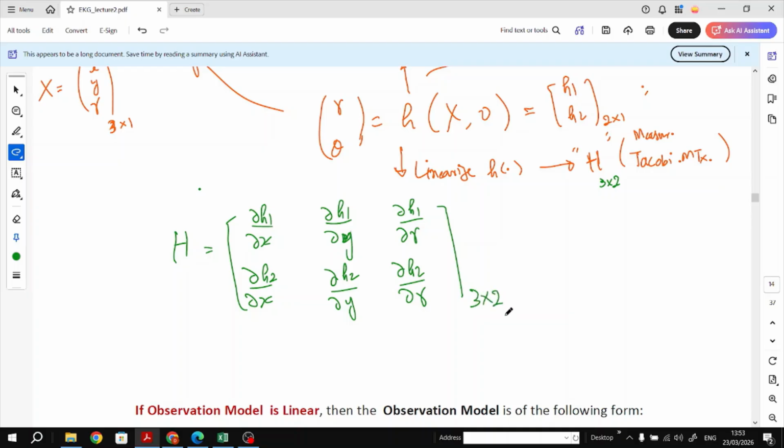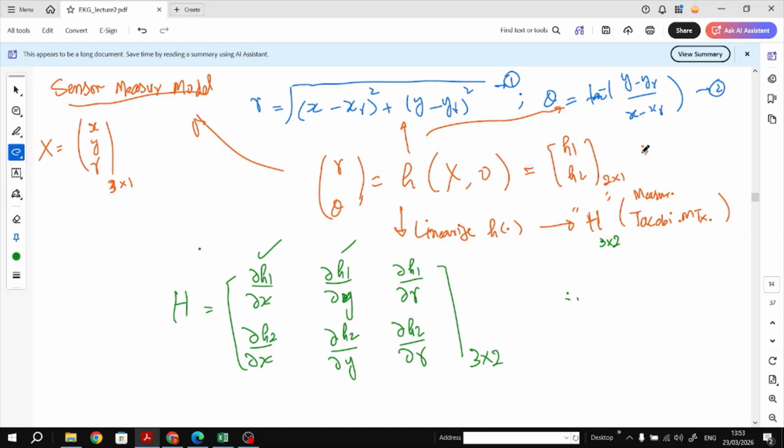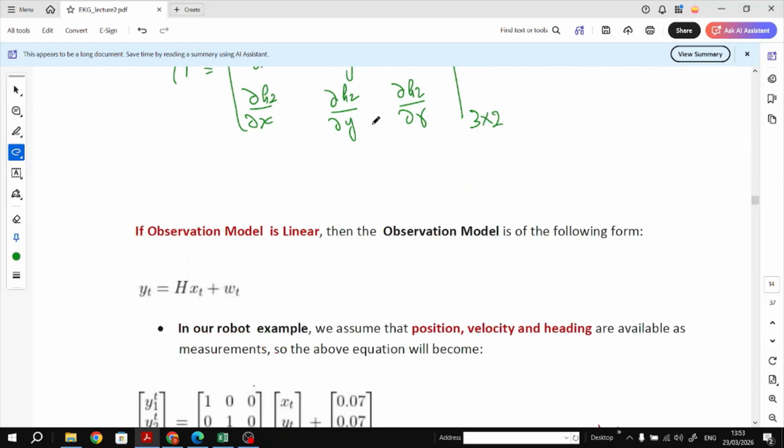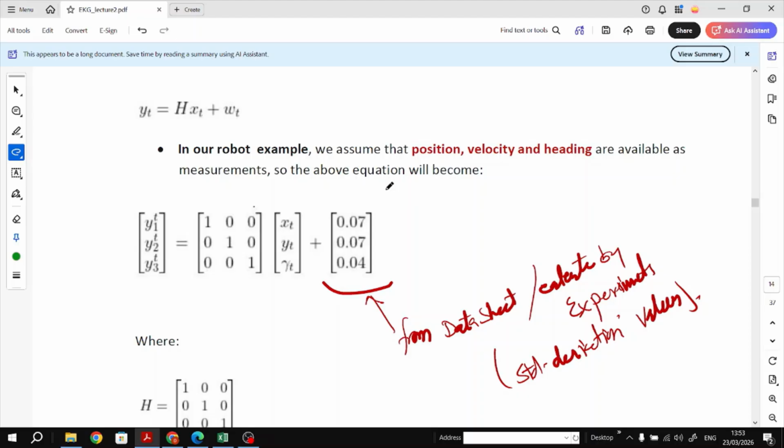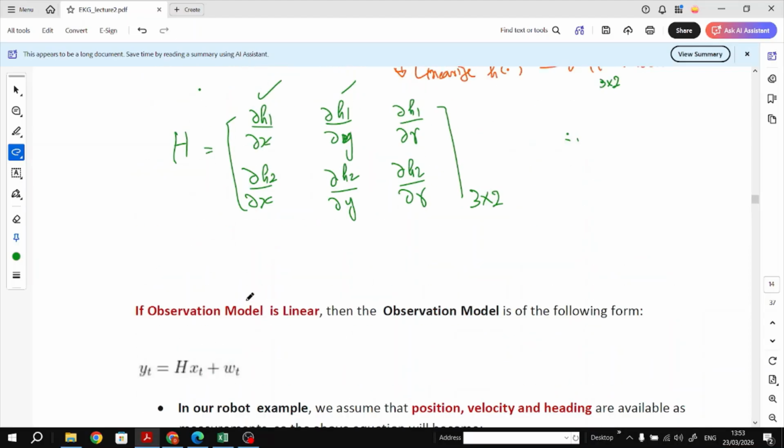Right? So you can verify step by step what each element will be, from equation number three. If your model is already linear, H will be like this. If it is non-linear, H will be like this, partial derivatives.